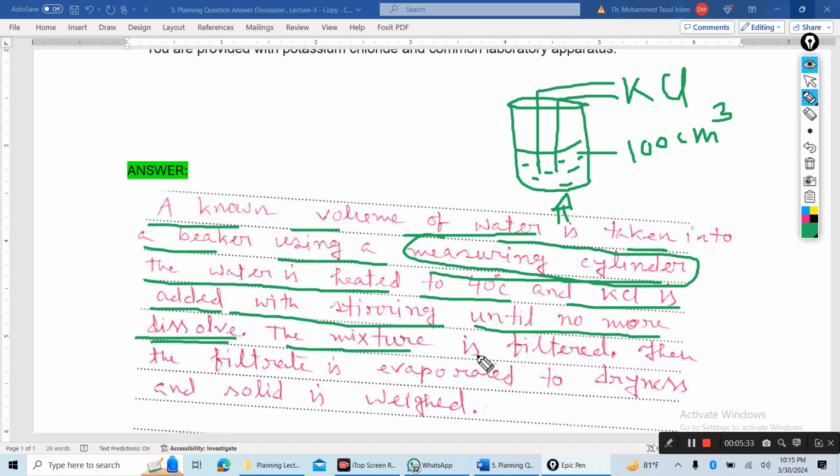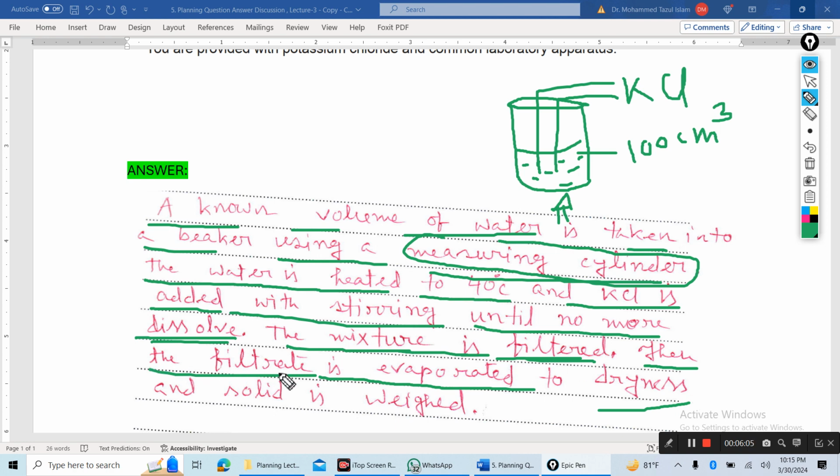Potassium chloride is added until no more dissolves. Then the mixture is filtered. Then the filtrate is evaporated to dryness. Dryness means when all water escapes.